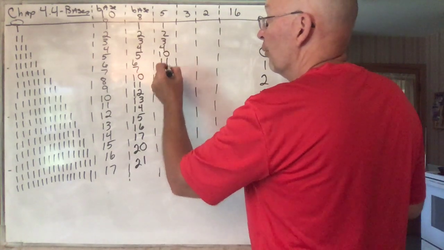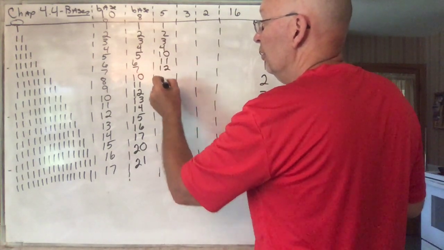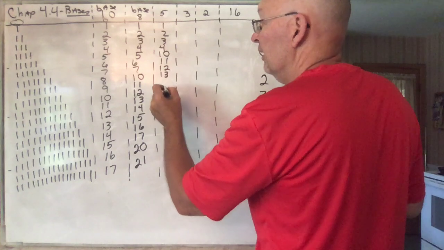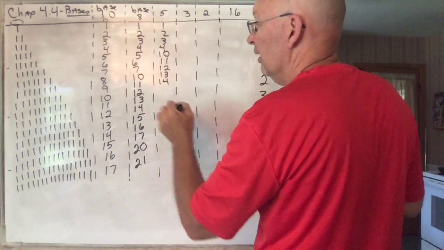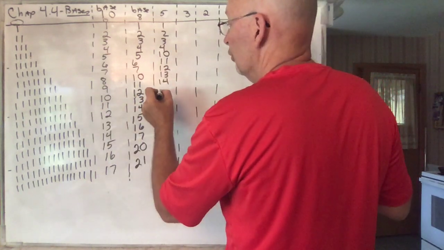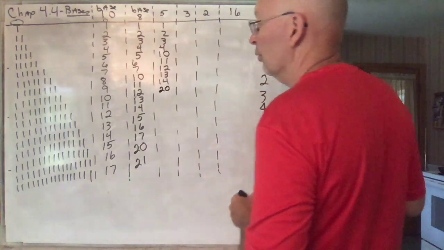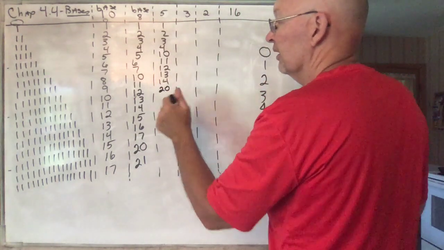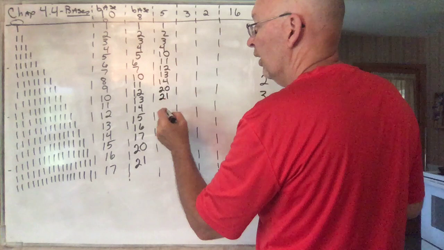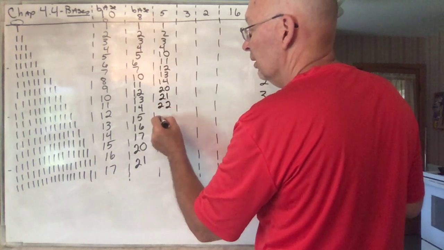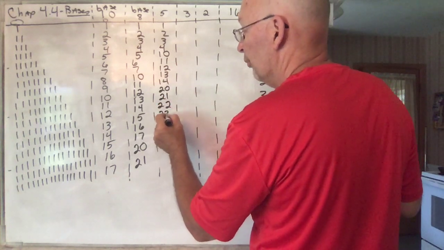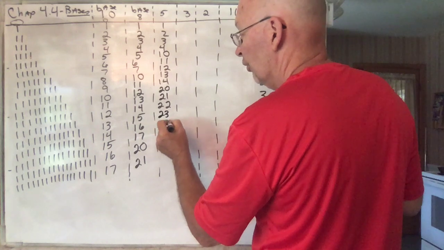One group of 5 with 1, one group of 5 with 2, one group of 5 with 3, one group of 5 with 4. As soon as I get to 10, that's 2 groups of 5, 2 groups of 5 with none left over. 2 groups of 5 with 1, 2 with 2, 2 with 3 left over, 2 with 4 left over.